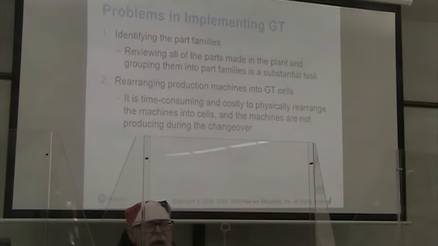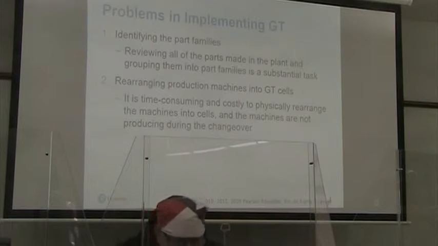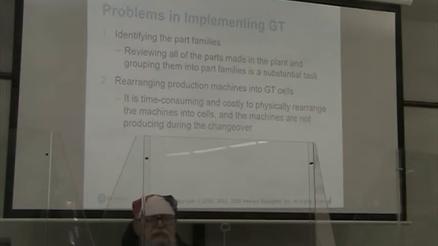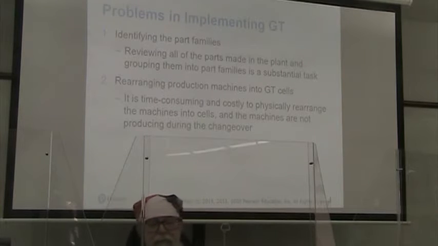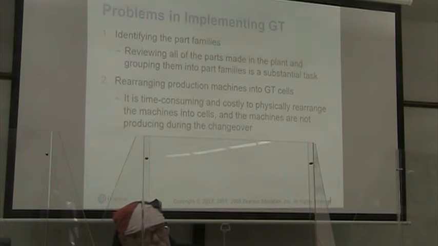The second problem is rearranging our production machines into our group technology cells. So that's going to be time-consuming and costly to rearrange our machines into cells. And of course, the machines will not be producing during the changeover.